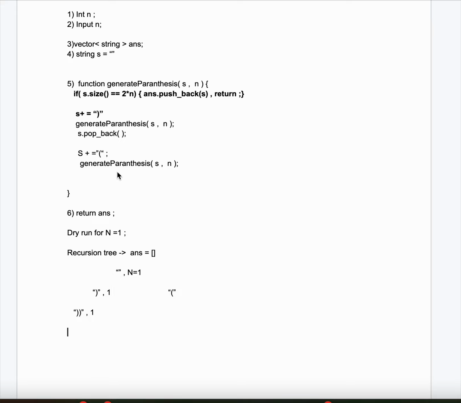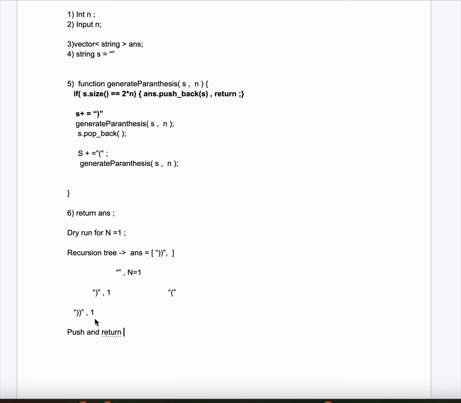Now again it will check if s.size equal to 2 times n. Yes, s.size equal to 2, n equal to 1, so 2 equals 1 into 2, so now this answer will be pushed here. Once it goes, it will push here and return.